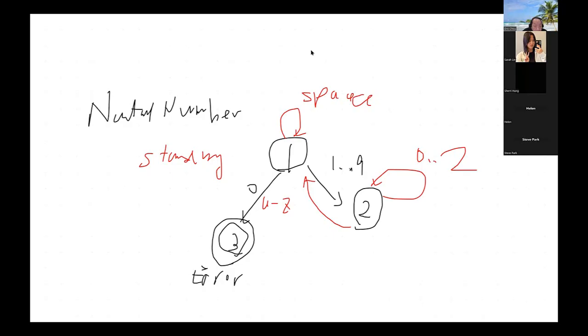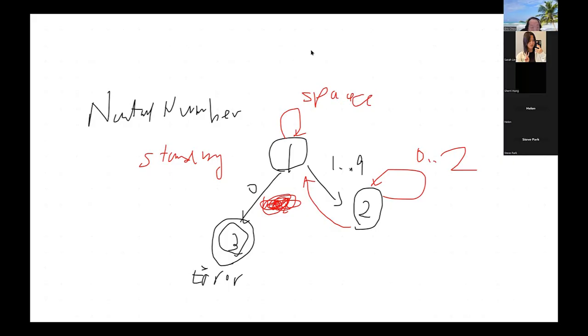Let's assume that we don't have A to G yet, because A to G may make things too complicated. Let's just assume that we only take the 0 to 9 digits, and we have a 3-state finite state machine. Let's just look at this simple state machine here.